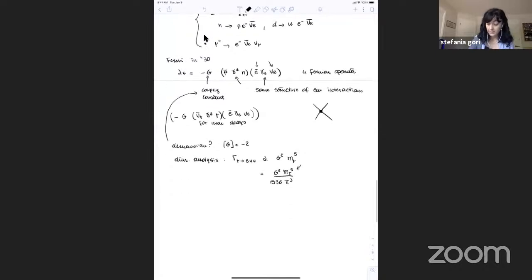And interestingly enough, the measurement of this coupling G is extracted from the measurement of the muon lifetime.